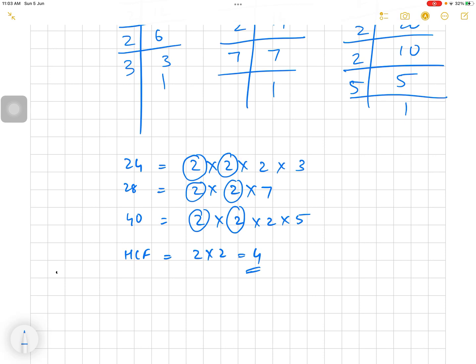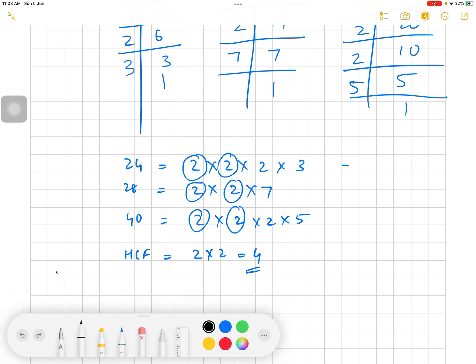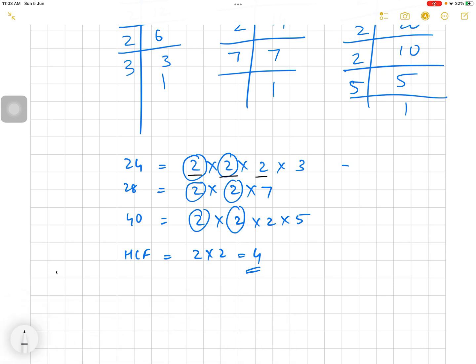The other way of writing can be: 2 into 2 into 2 can be written as 2 cube into 3 raised to 1, and here I can write 2 square into 7, and here I can write 2 cube into 5.